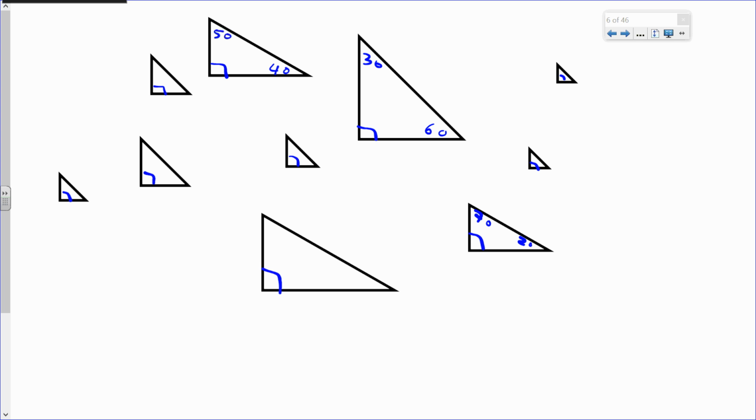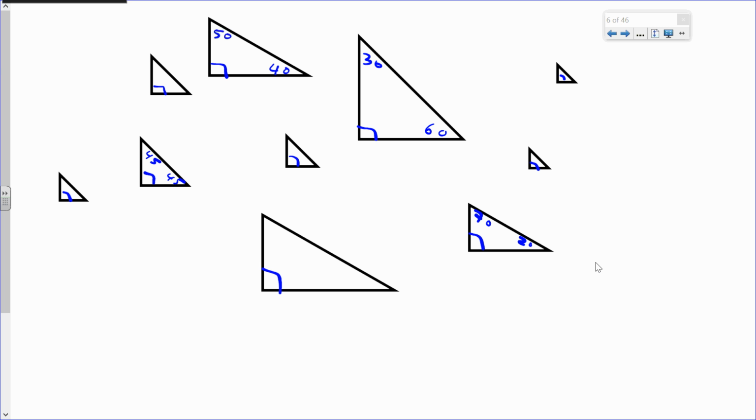What we're going to cover now is a very special kind of right triangle. Not just any willy-nilly right triangle like I randomly threw up here. A very special kind of right triangle called a 45, 45, 90 right triangle, where these two angles are 45 degrees and this one's 90.